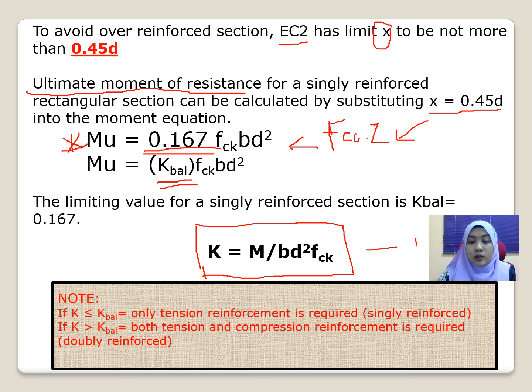If you calculate the K value and you get less than K balance, then it is singly reinforced, tension reinforcement only. If your K value is greater than K balance, then you are going to get both tension reinforcement and compression reinforcement. It means that it's doubly reinforced.